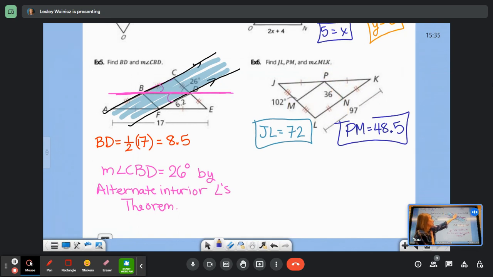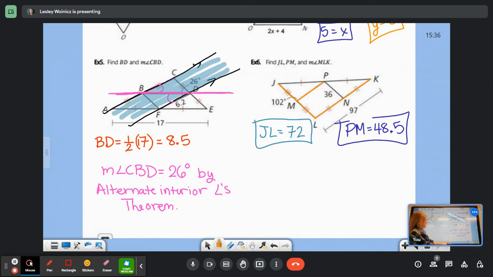So we're going to do something similar to what we did over here, where we're going to extend some parallel lines and think about what the transversal is. So the angles of interest are the one that we know, they gave us JMP, and they want us to find MLK. MLK is this one.